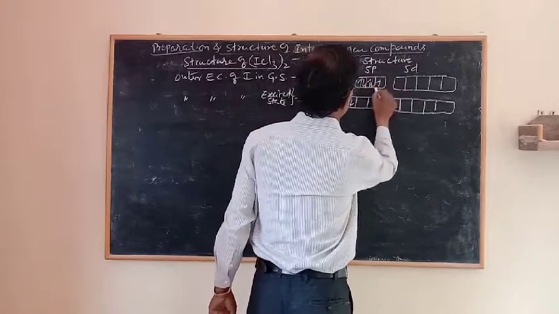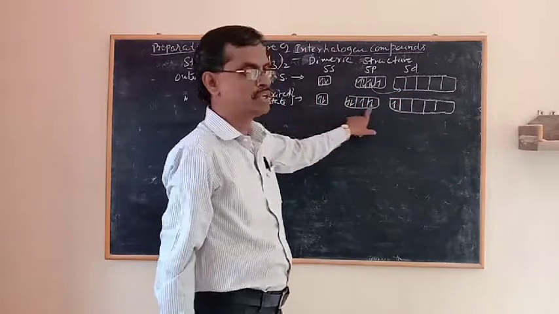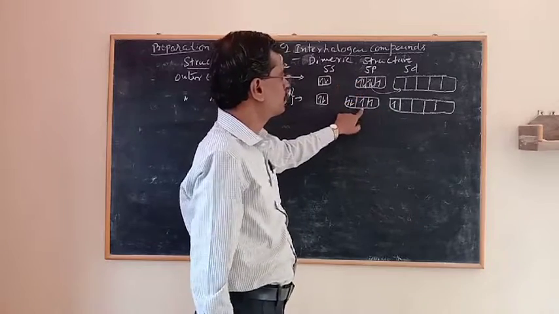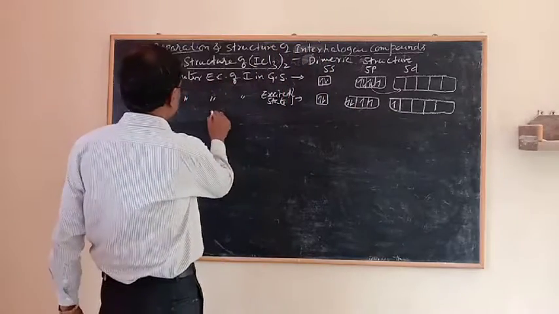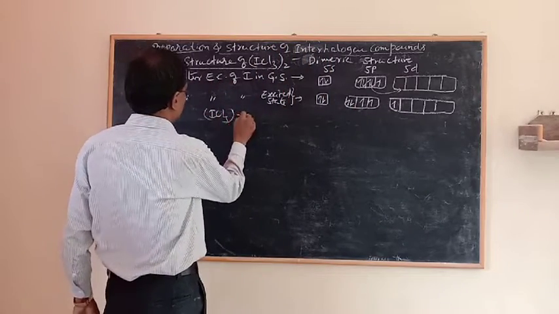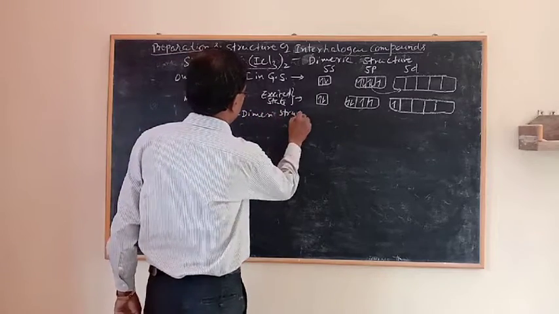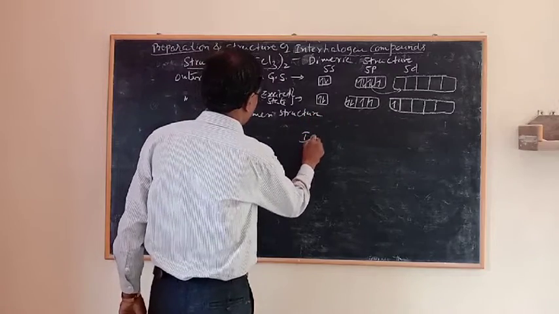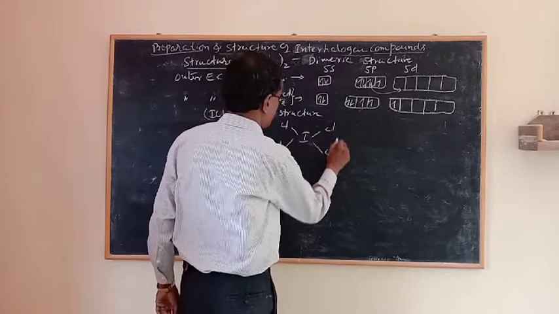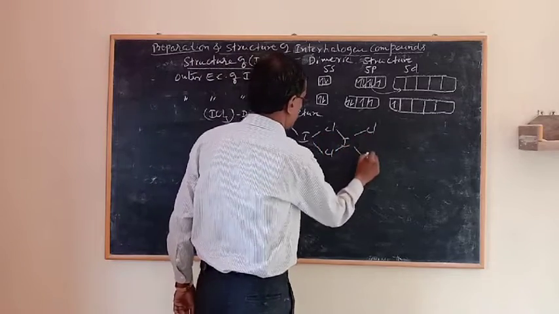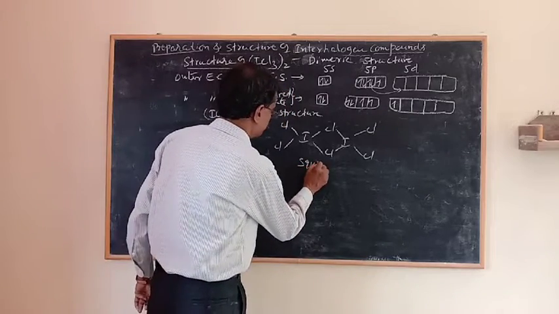One electron is shifted to this, so we have the 3 valence electrons present in 5p and 5d, and because of this the ICl3 dimeric structure is found to be like this, and this is a type of square planar structure.